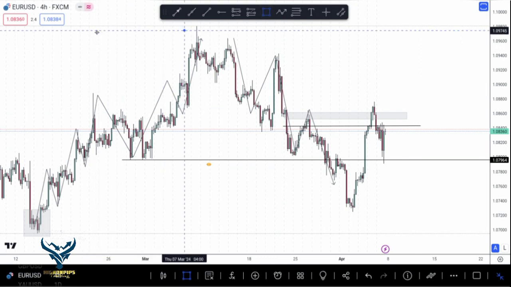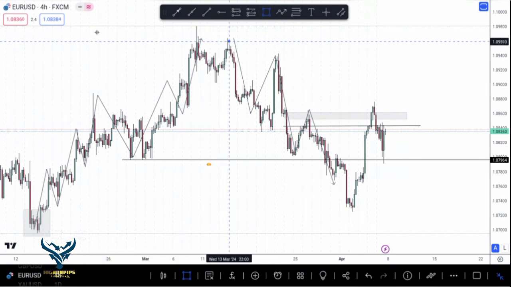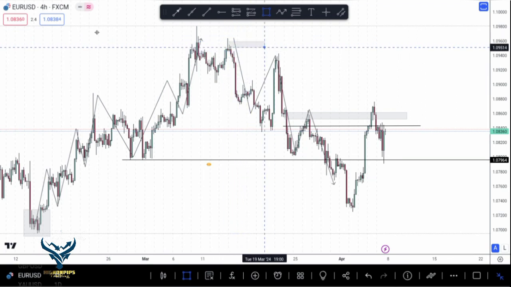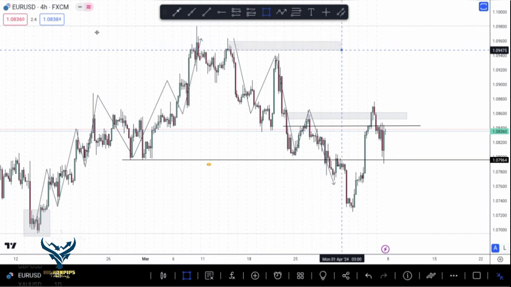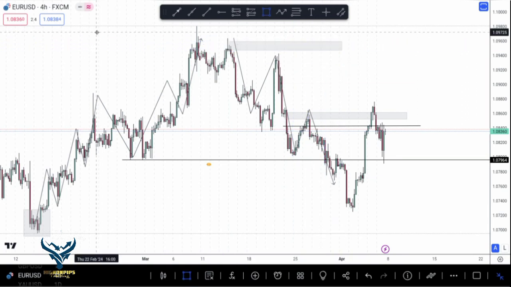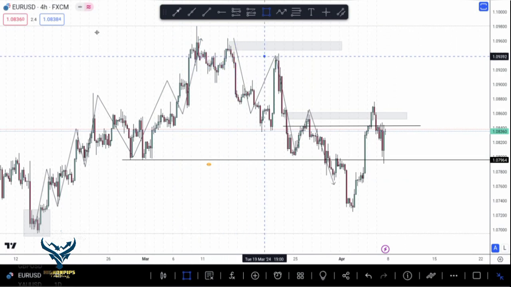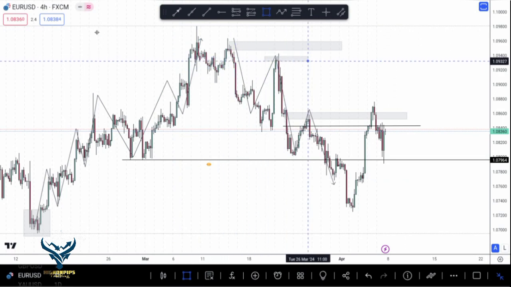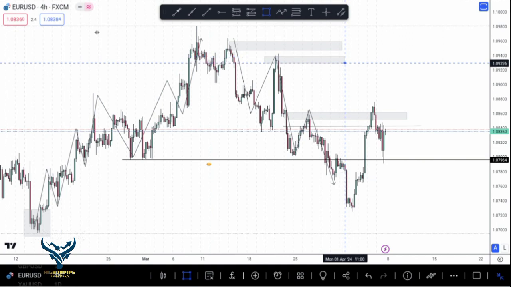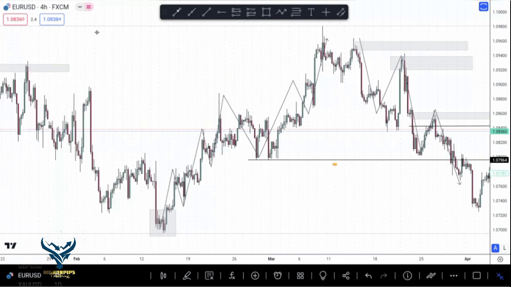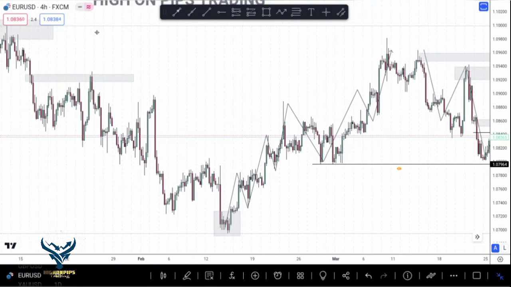There is this high. There is this high over here. It's still protected. It wasn't broken, right? There is this high again here. It was protected. The moment the market breaks the structure of a market, it signifies the trend change.